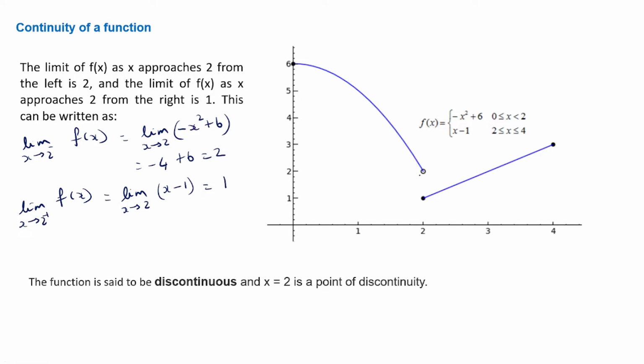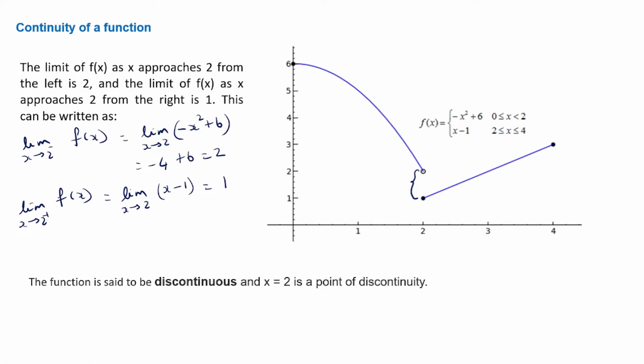In other words, the graph is not continuous, it is discontinuous. So we say this function is discontinuous and x is equal to 2 is a point of discontinuity.